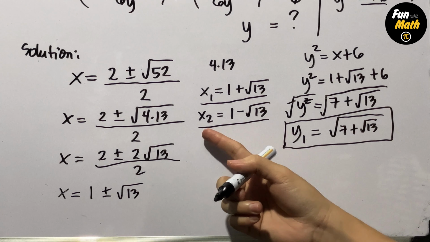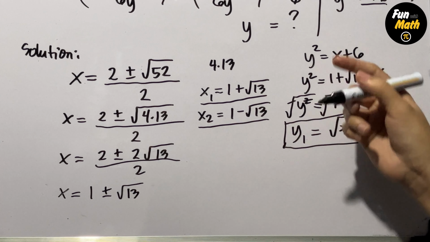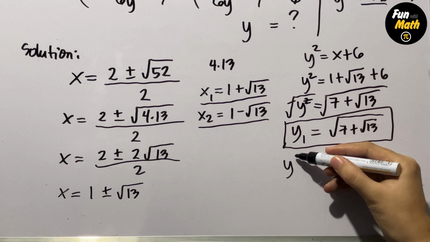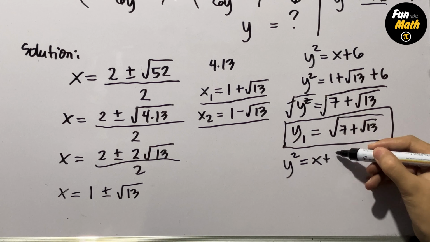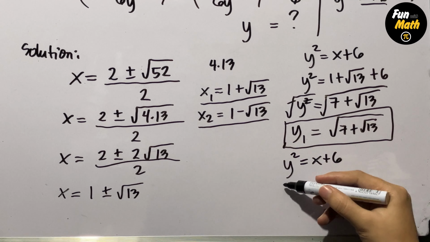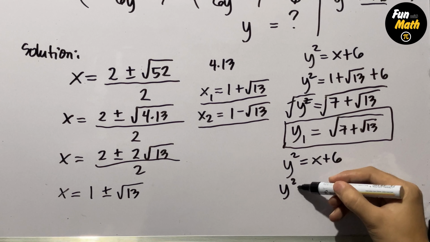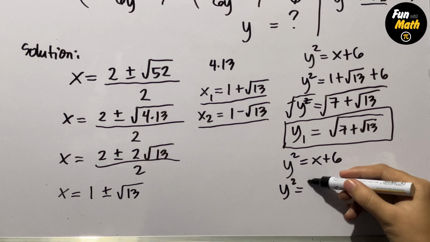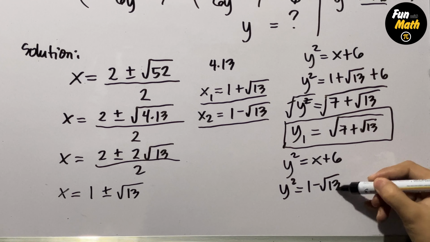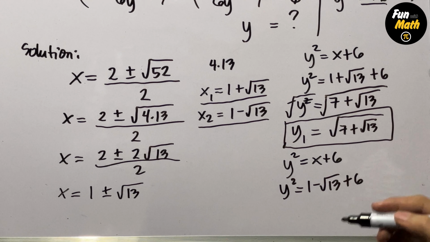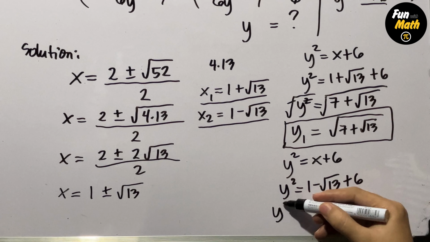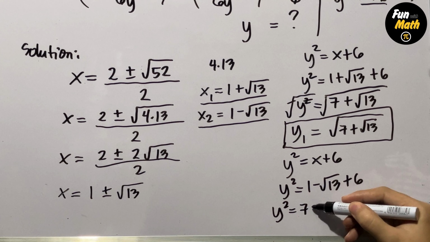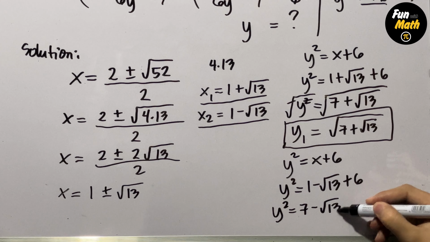Another is the value of x sub 2. So same, we use the equation 1, that is y squared is equal to x plus 6. So this is y squared is equal to 1 minus square root of 13 plus 6. And then 1 plus 6 is 7. So this is now y squared is equal to 7 minus square root of 13.